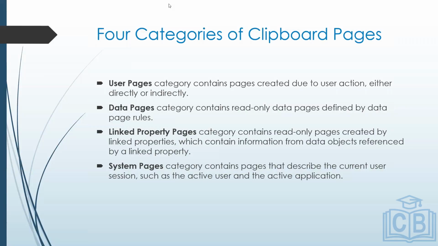If you want to look at data related to the current user, which operator has logged in, which operator raised this case, what the current active user session is, which application you are in, or what the organization division unit is, all of that can be checked in the system pages category.